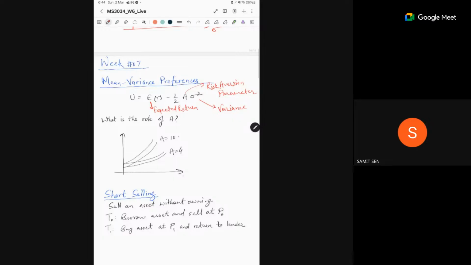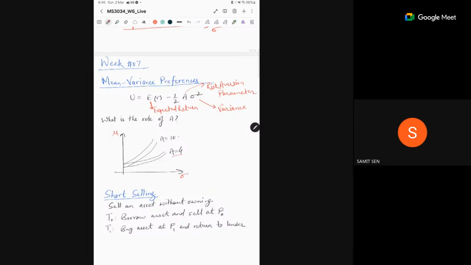Here it would be sigma and mu. If my risk aversion parameter is lower, then the curve is less steep. If it is higher, it is steeper. This is why the risk aversion parameter matters. The individual who has a higher risk aversion parameter would try to avoid risk more in comparison to the individual who has a lower risk aversion parameter.